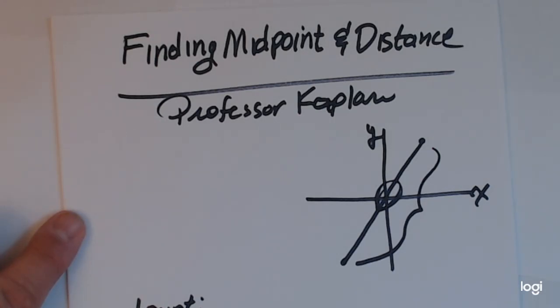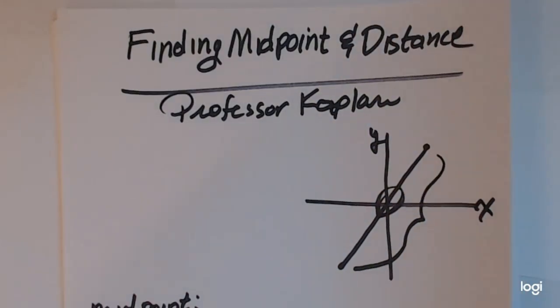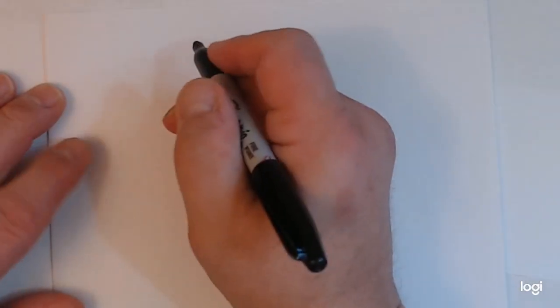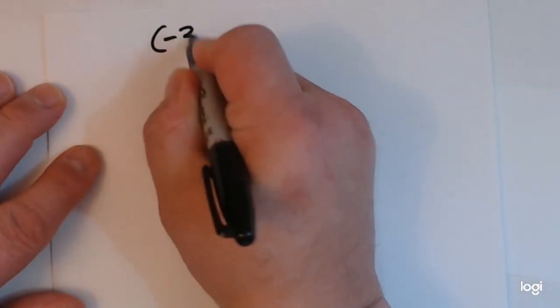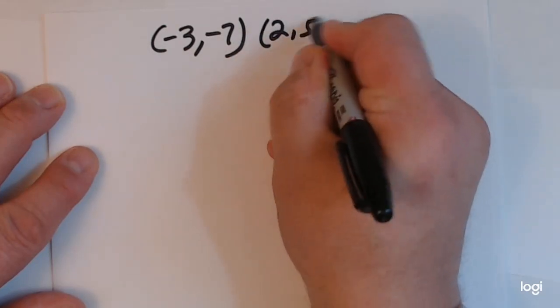So if we had 2 points, let's start with a clean sheet. All right, how about -3, -7, and 2, 5.